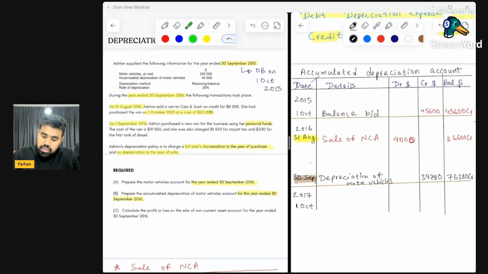Okay, and the opening balance on 1 October 2017, which is the beginning of the next financial year, will be 76,380 credit. And why it's credit? Because by default, accumulated depreciation is a contra asset account, and all contra asset accounts by default are credited, which means they have an opening balance on the credit side, and when they increase, we also record them on the credit side. Okay, all right.